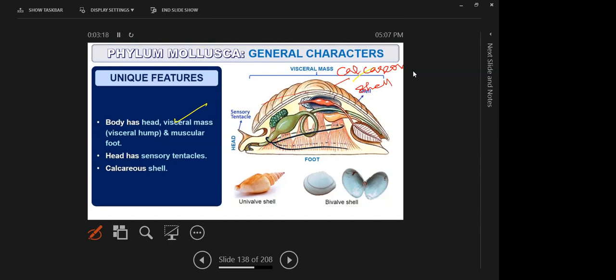Have you heard about shellfish? Shellfish means fish which has a shell. Correct. Mollusks are sea food. Many mollusks, Japanese, they are seafood. They remove the shell and they eat. They are shellfish. Aquaculture they do, and in that aquaculture they grow all these. Pearls, from which one do you get pearl?